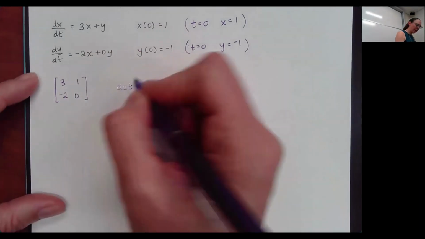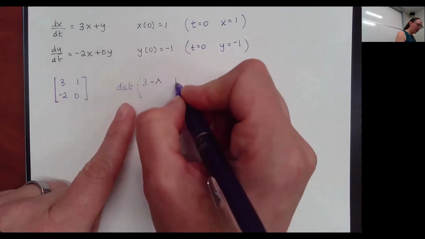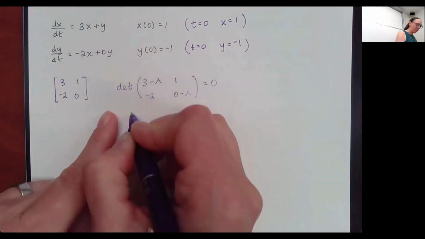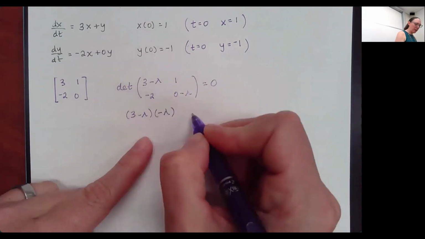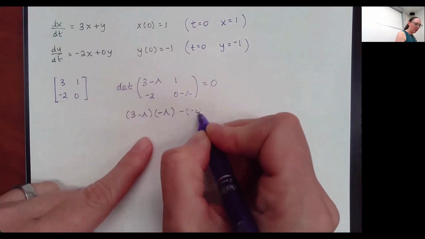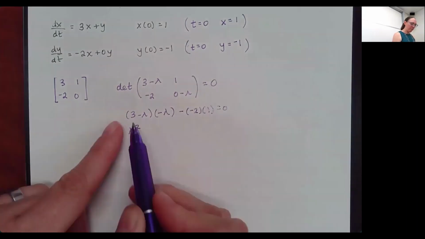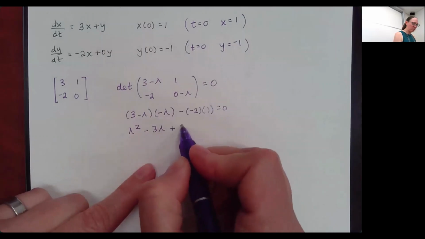And so finding those eigenvalues, I'm looking for the determinant of 3 minus lambda, 1, -2, 0 minus lambda. So 3 minus lambda times negative lambda, minus -2 times 1. Lambda squared minus 3 lambda plus 2.